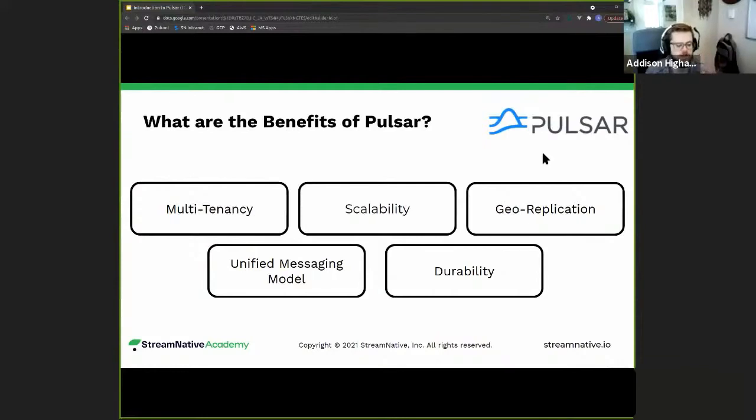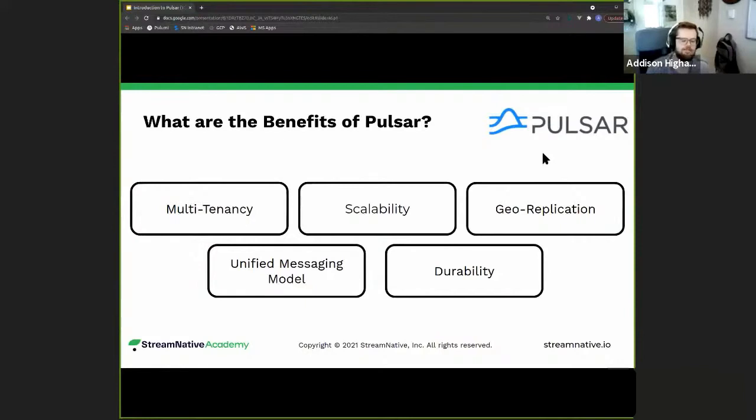It's centrally designed around a multi-tenant infrastructure where different teams can safely share a cluster and share those resources. Scalability is one we touched on, and once again it's very obvious: needing to handle massive amounts of throughput, gigabytes a second.